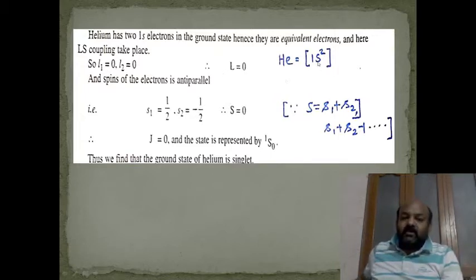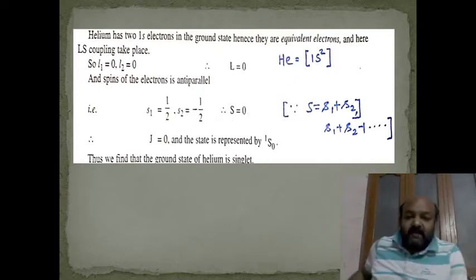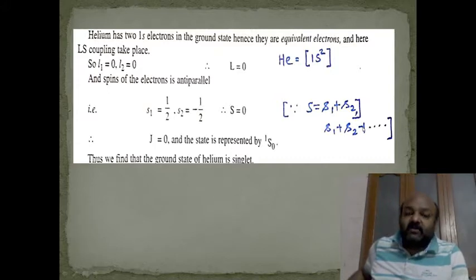As we know, in the S orbital, if one electron is in the up state, the other electron will be in the down state. So both the electrons will be anti-parallel. For the first electron, S1 will be plus half, and for the second electron it will be minus half. When we apply the summation rule, capital S is again calculated as S1 plus S2, then S1 plus S2 minus 1, and subsequently we go on decreasing by 1.